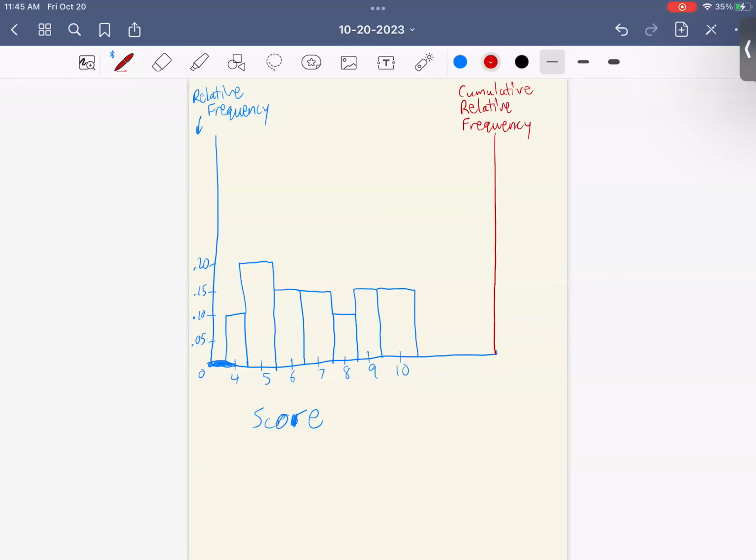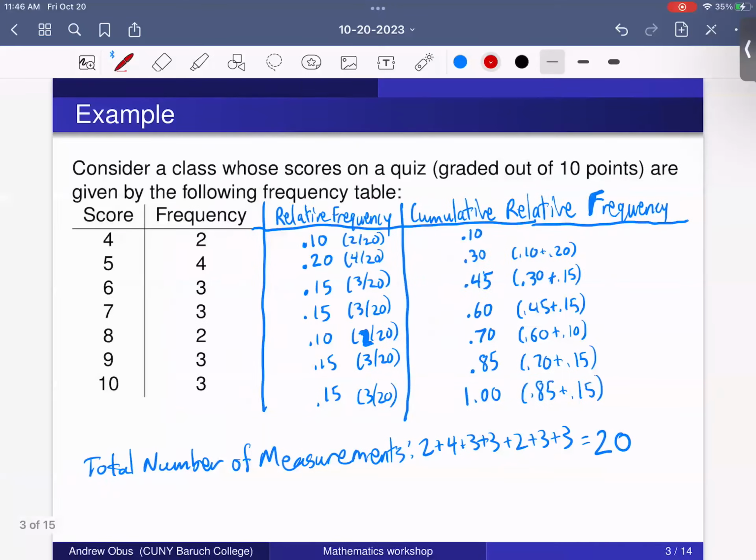And this scale has to end up going to 100%, right? So maybe I'll mark it every 20%. So 0.20, 0.40, 0.60, 0.80, and 1.00. And then remember what we do here is we look at the cumulative relative frequency for each of our classes.